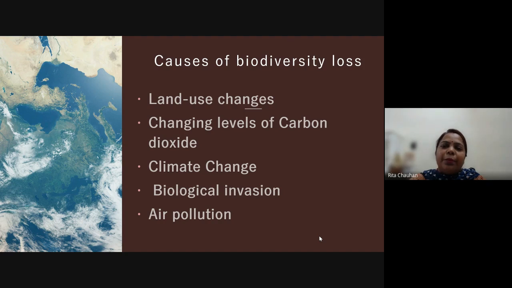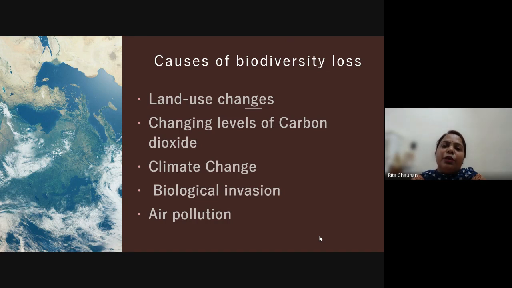The prime reason for biodiversity loss is land use change. Land use change means we are changing the utilization pattern of a land. For example, if a particular land is a forest and we clear that forest and convert it into barren land, and then make roads or buildings over it, we are changing the land use characteristics of that land.